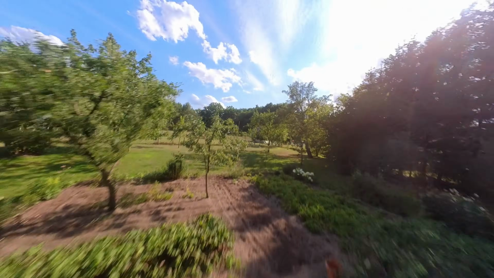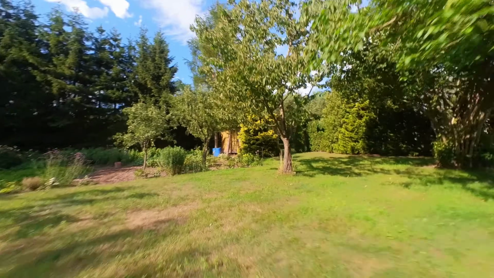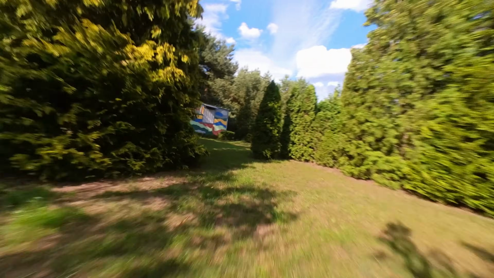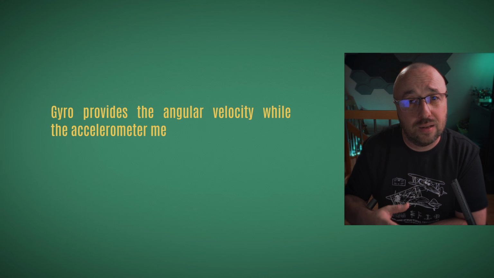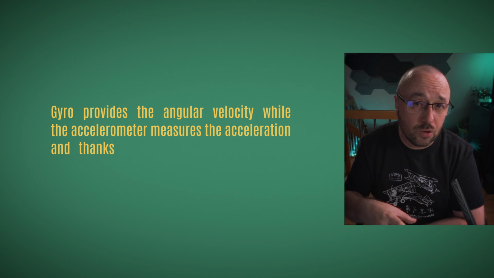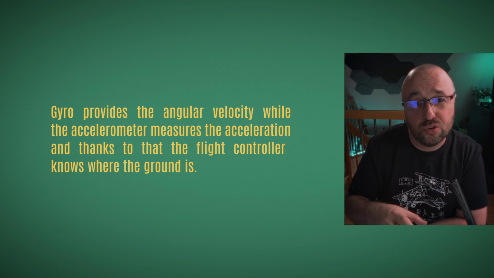Next, we have to have the gyroscope and the accelerometer. Both of those sensors are used to track the orientation of your craft in the air. The gyro provides the angular velocity, while the accelerometer measures the acceleration, and thanks to that the flight controller knows where the ground is.